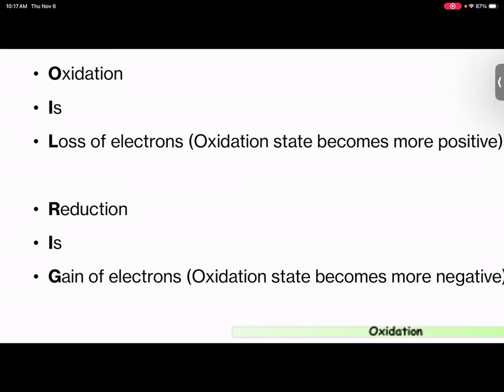RIG stands for reduction is gain of electrons, meaning the oxidation state is going to become more negative as we follow the element from the reactant side to the product side.